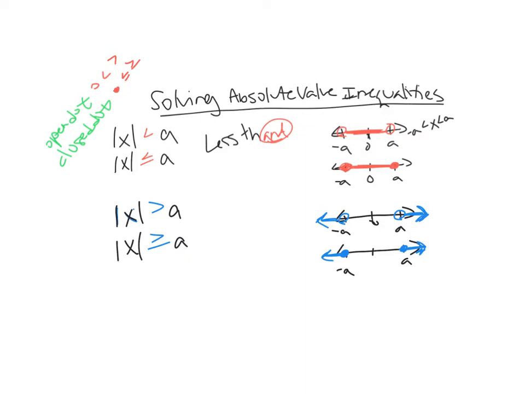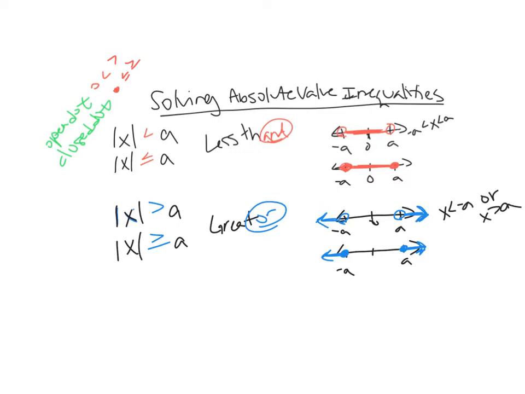So if we have greater than, we have what we call an or problem. Or means it cannot occur at the same time. That means that we're shading the outside part. And how do we write it as an inequality? This would be that x is less than negative a, or x is greater than positive a.